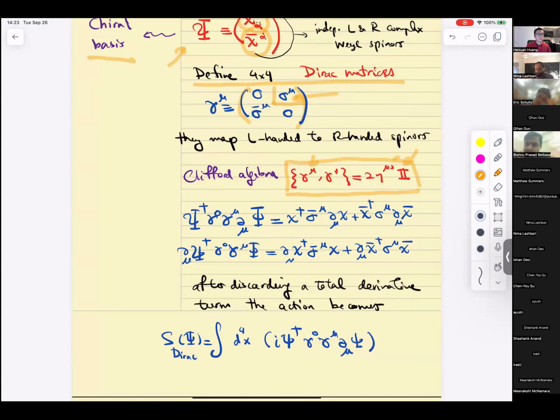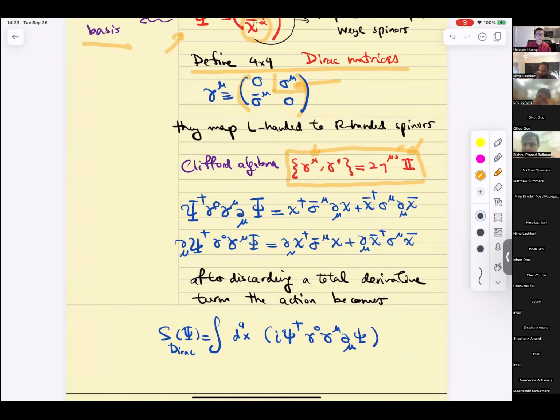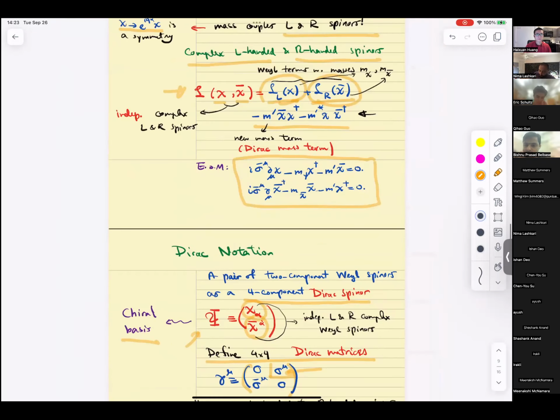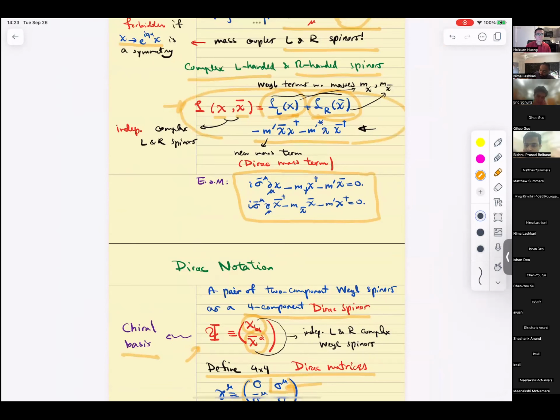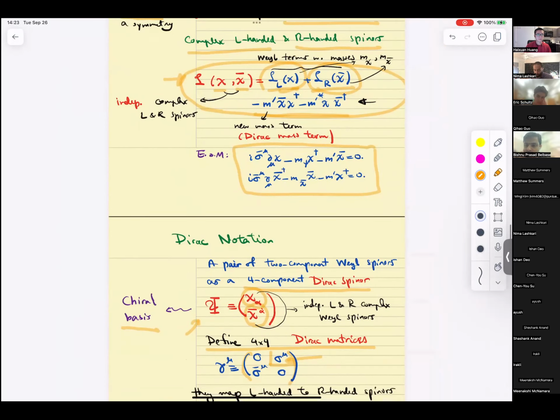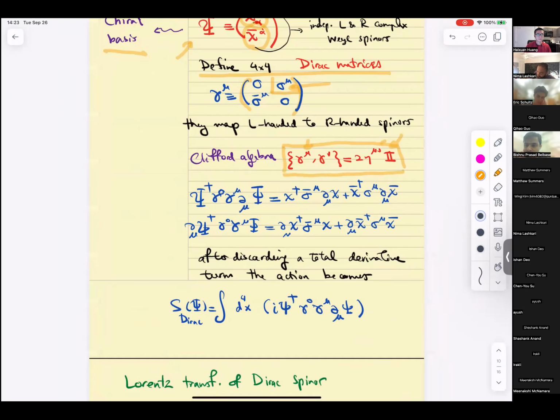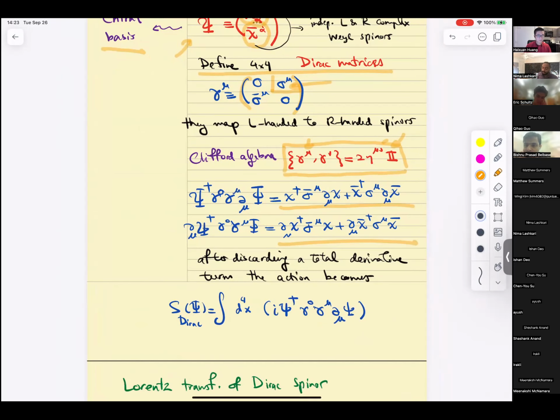Now, using these Clifford algebraic relations, let's recall the action we're going to write, and take it into the 4-component notation of Dirac. Here are two sets of terms that you had in your kinetic parts.